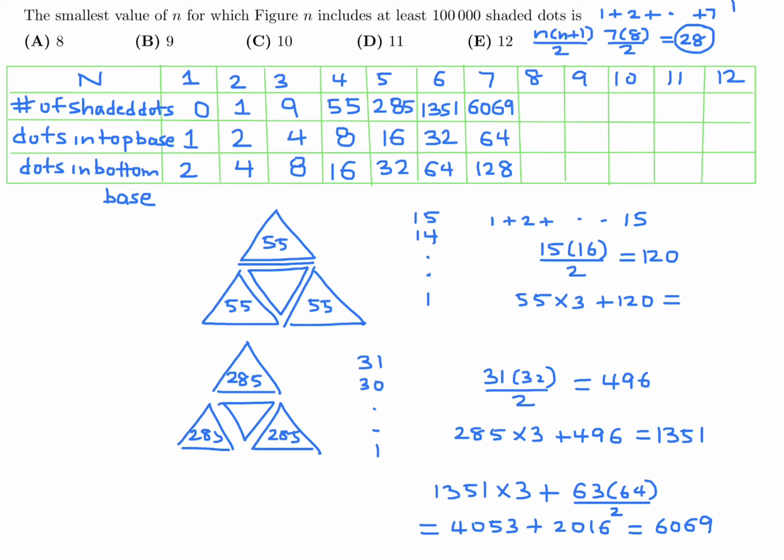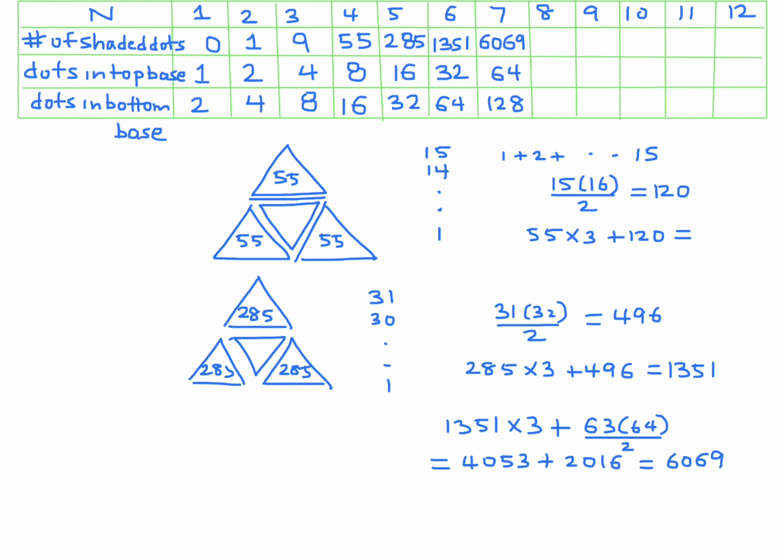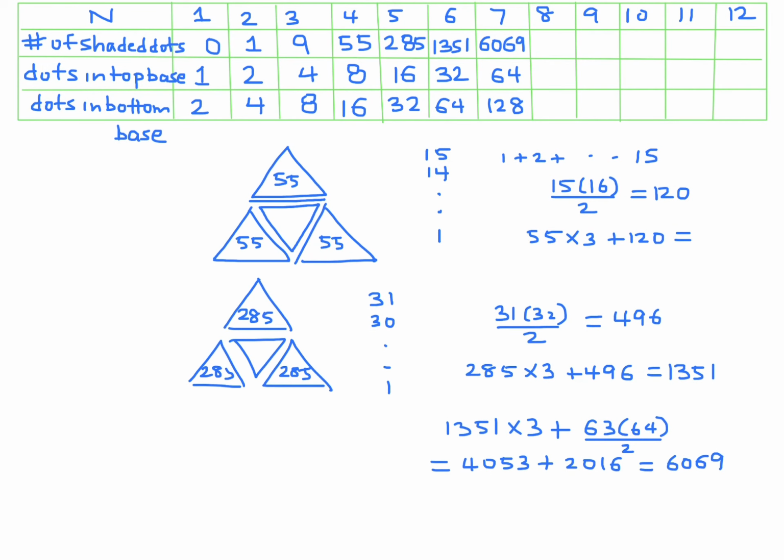Okay, so you're getting the hang of it, hopefully. And let's just do the next one now. So the next one would be 6069 times 3 plus, well, this is 256. This is 128. So the countdown begins at 127. So it would be 127 times 128 divided by 2 using that formula.